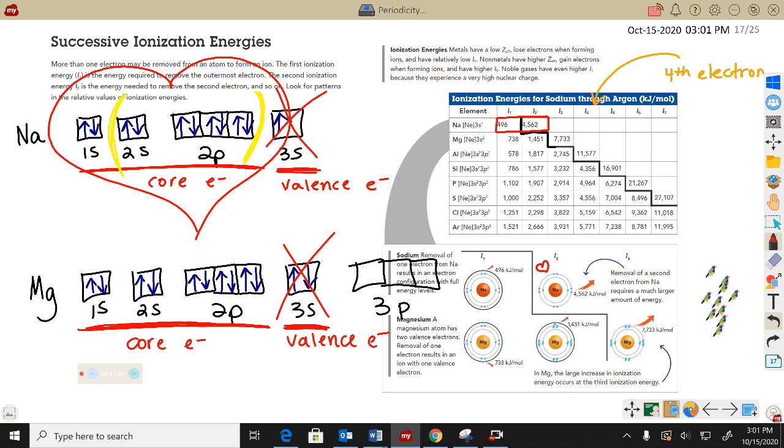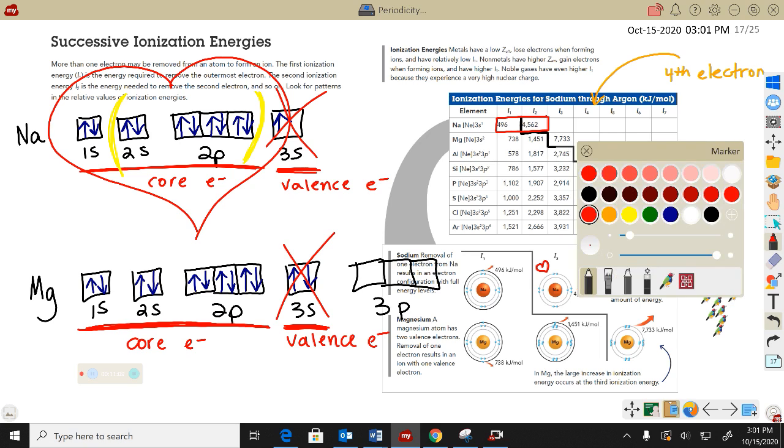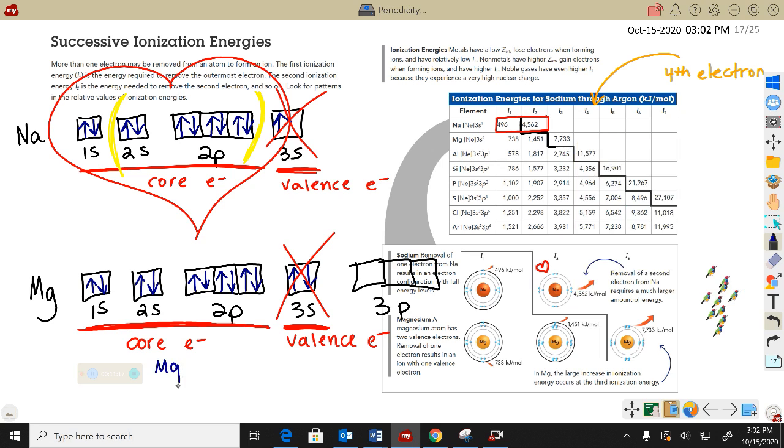Now, when we lose those 2 electrons, here's what we have left. Let's write some comparisons. The neutral magnesium atom would have 12 protons and 12 electrons.